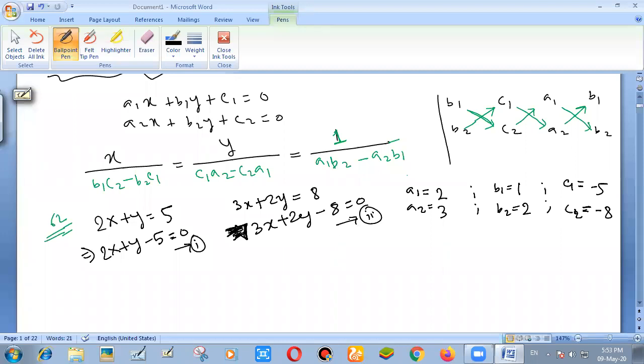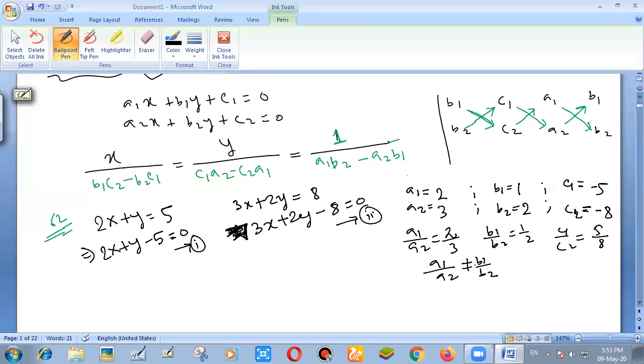Now find out the ratio. That means a1 by a2 and b1 by b2. A1 by a2 will be 2 by 3, and b1 by b2 will be 1 by 2. And c1 by c2 will be 5 by 8. So a1 by a2 does not equal b1 by b2. So these two pairs are consistent.